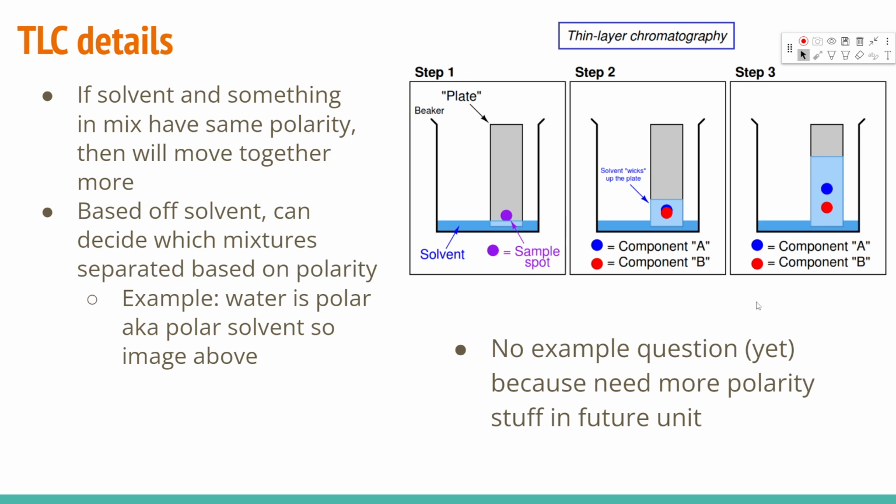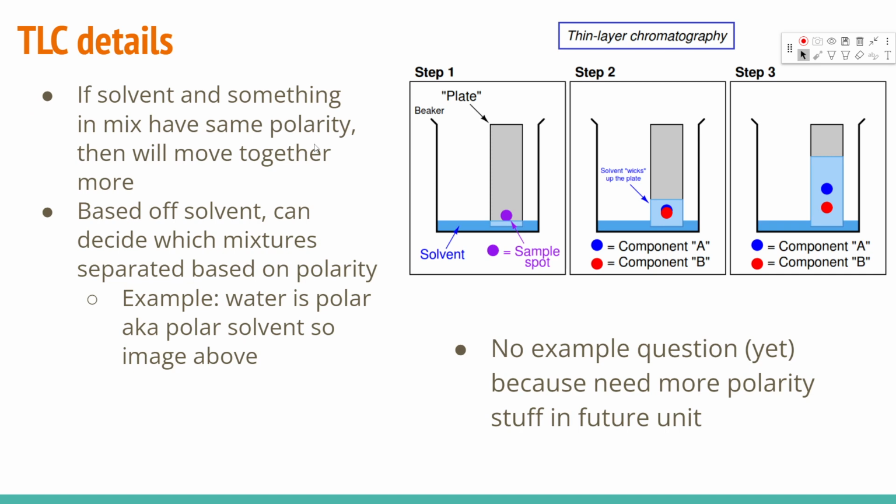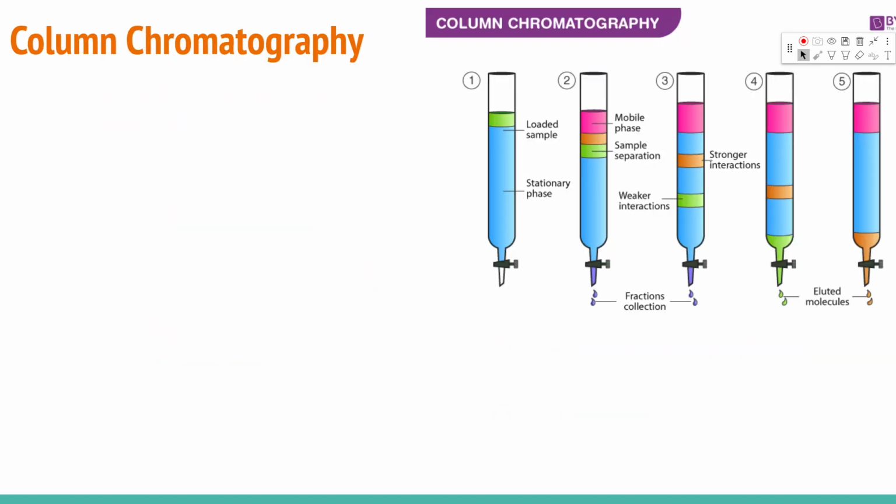So cool. And then column chromatography, similarly, we are doing it in a column, as the name implies. You have a sample and then something called a stationary phase, which I'll talk about more in a future unit. And so again, it's similar to paper chromatography, which was TLC. TLC could also not be paper, but typically it's paper.